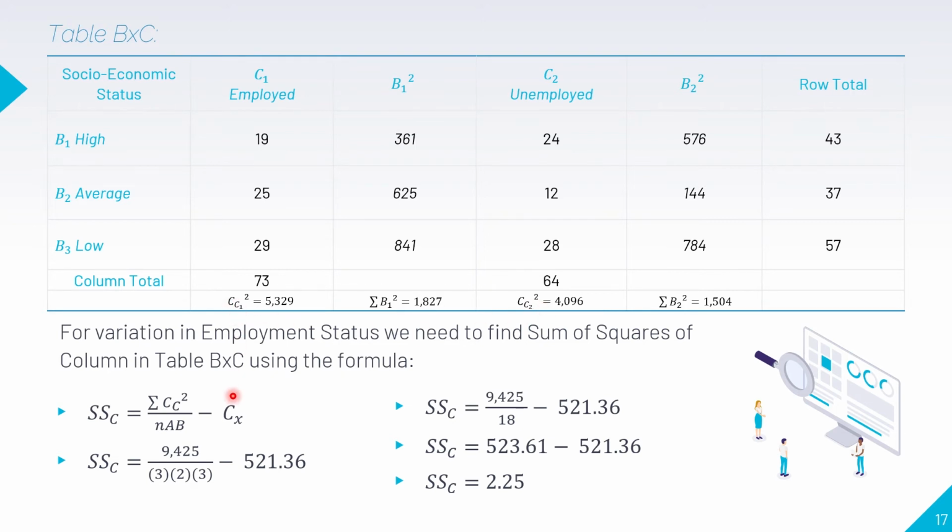So add this one and add this one, we have 9,425 over our N is 3, our A is 2, our B is 3, this one 3, and our 2 is the educational attainment, the graduate and the undergraduates. So we have 3 times 2 times 3, we have 18. So 9,425 divided by 18, we have 523.61 minus 521.36. And we have the answer for our SSC equals to 2.25.